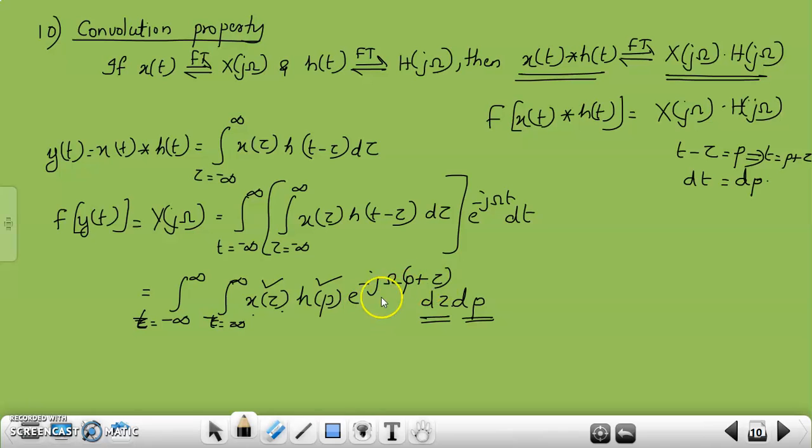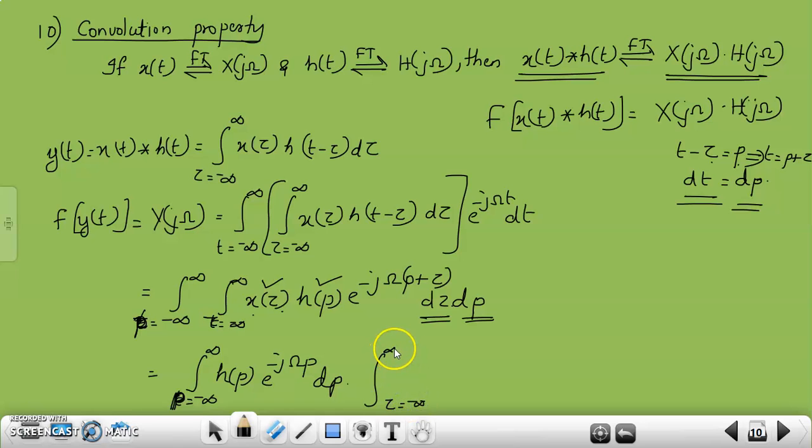The exponential can also be split as e raised to minus j omega p into e raised to minus j omega tau. So I can write this as the integral over p from minus infinity to infinity, because we substituted t minus tau equal to p, and the integral variable changes from t to p. The integral over p of h of p e raised to minus j omega p dp, times the integral over tau of x of tau e raised to minus j omega tau d tau. This is X of j omega, and the other is H of j omega.